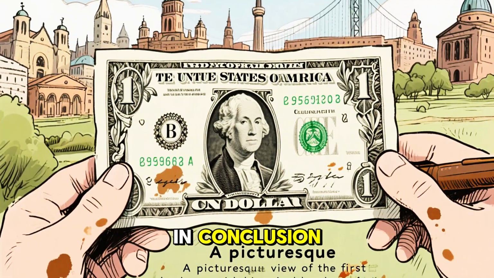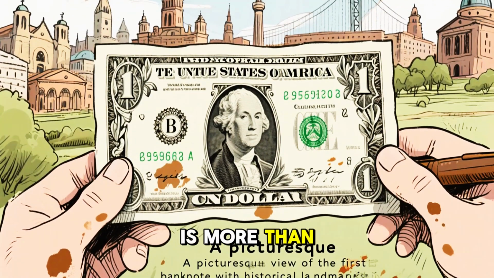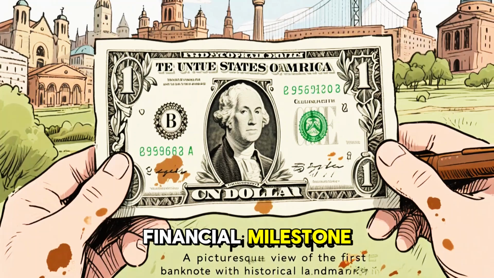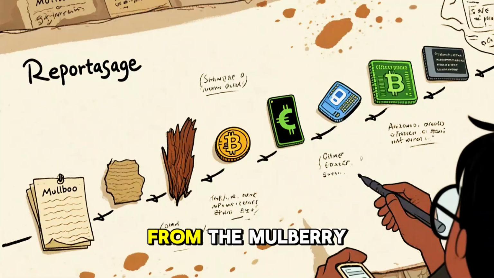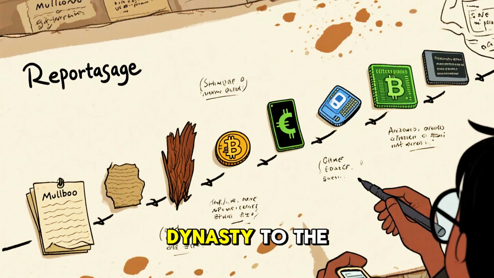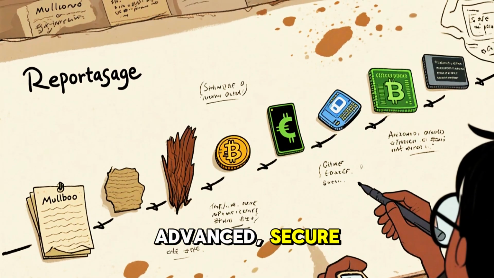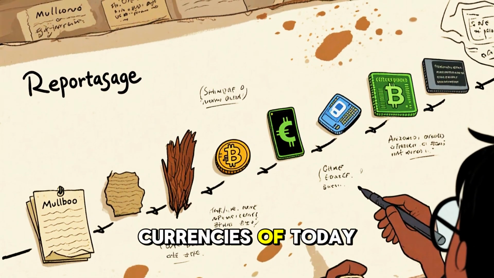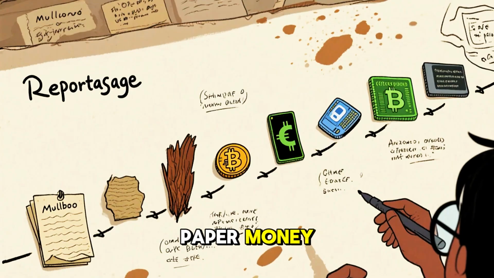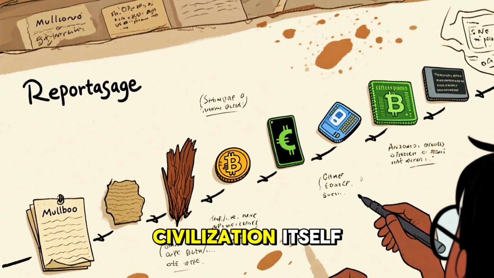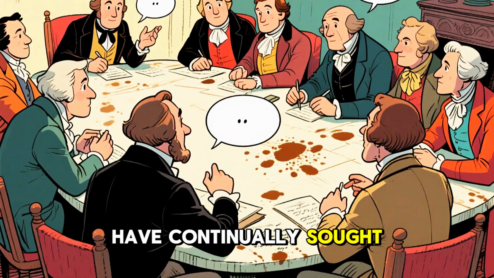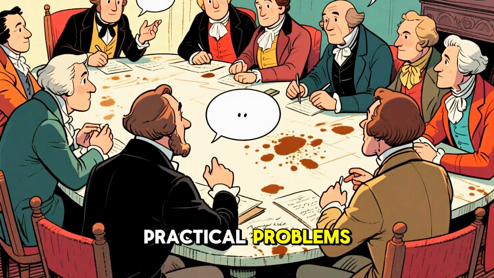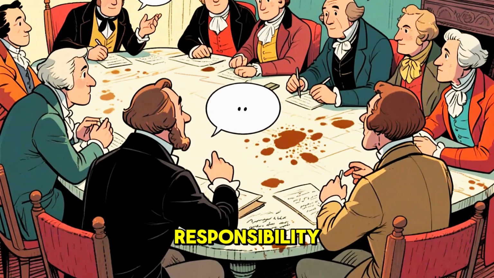In conclusion, the birth of the first banknote is more than just a financial milestone. It is a story of human ingenuity, trust, and adaptability. From the mulberry bark notes of the Song dynasty to the advanced, secure, and globally recognized currencies of today, the journey of paper money reflects the evolution of civilization itself. It demonstrates how societies have continually sought solutions to practical problems, balancing innovation with responsibility.